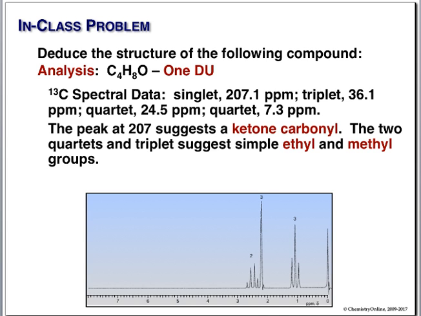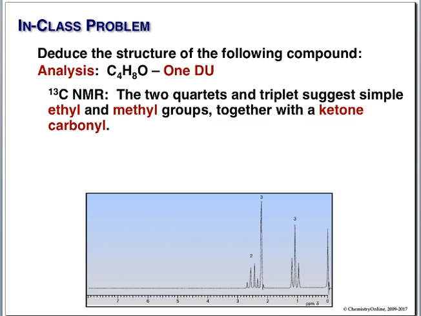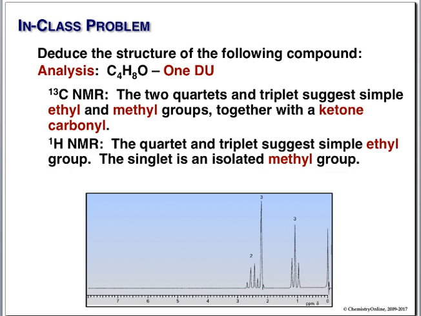So we have an ethyl group. This is a CH3, area 3, and it's not adjacent to any hydrogens. Ethyl group and a methyl group, ketone carbonyl, ethyl group, and a methyl.